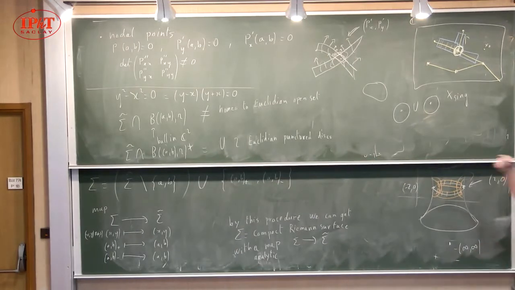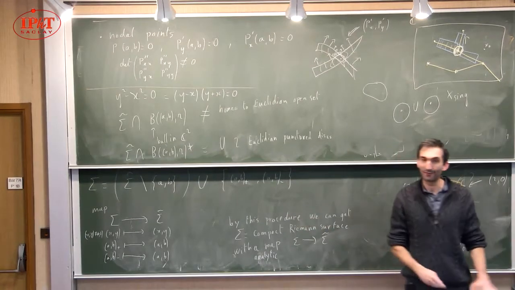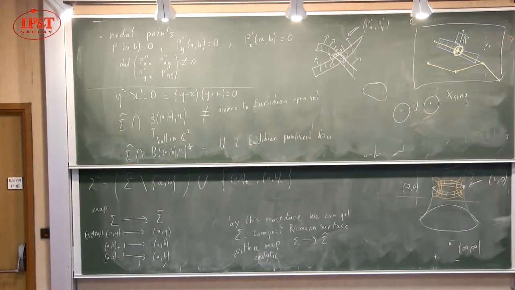But there is no inverse map in general, except for example the example I showed before, y squared equals x squared minus 4. In that case, there was an inverse map, which was analytic. But in general, there is not necessarily, because of another case.